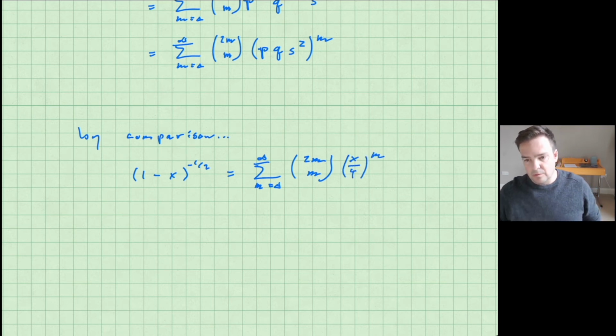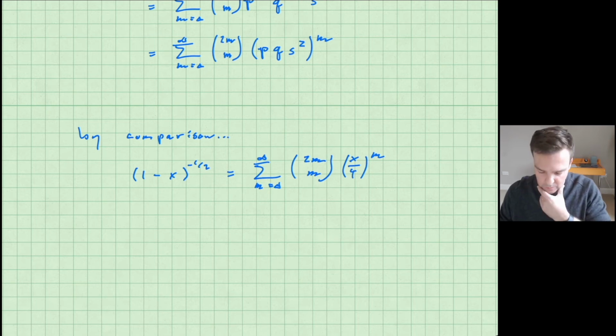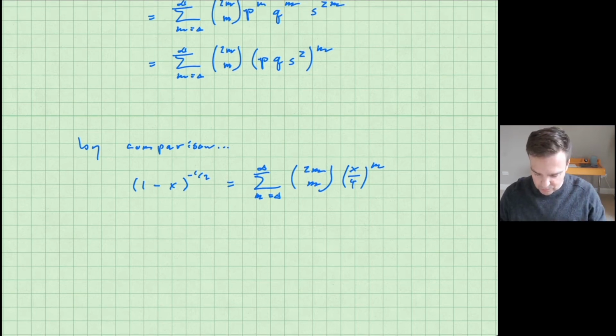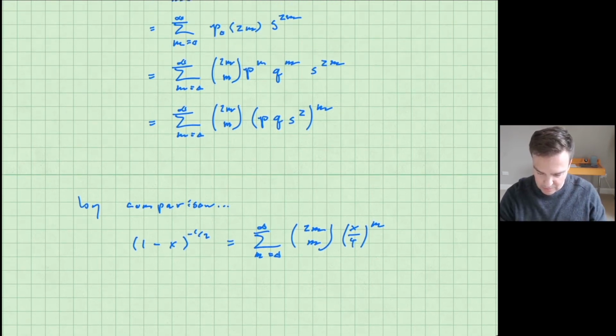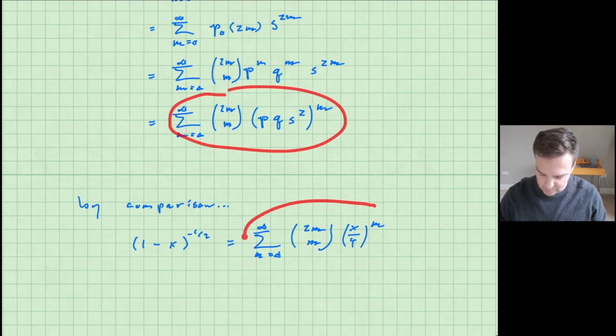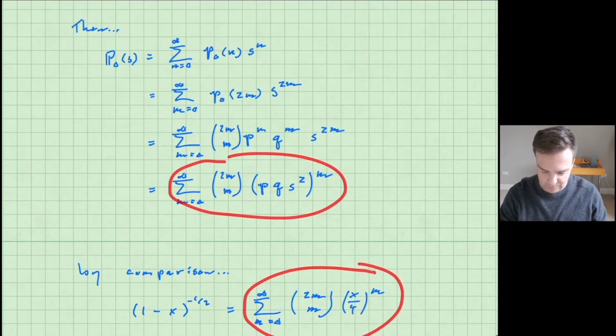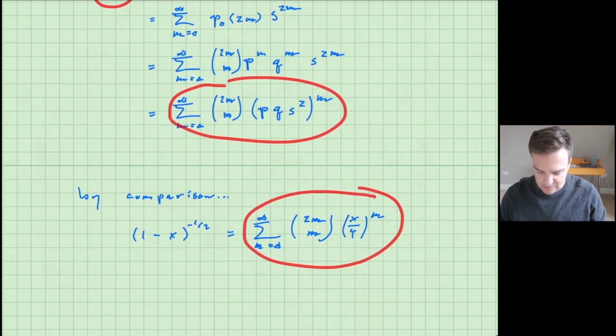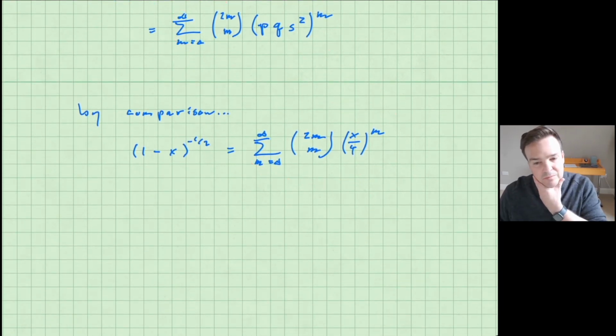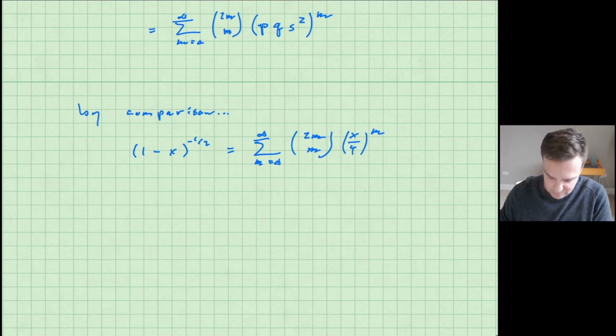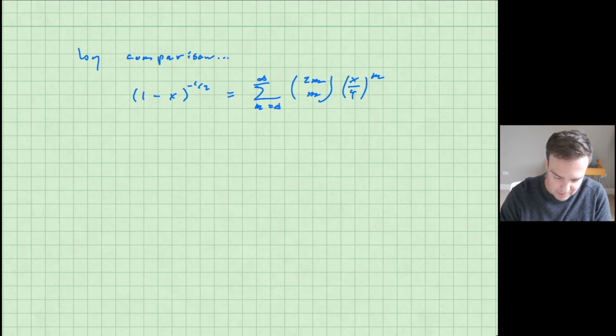Right? So you could work that out. And then what you want to do is compare this sum here to this sum here to try to work out the form of this quantity here. The alternative is you can look at something called the generalized binomial theorem, but I'm not really going to delve into that.